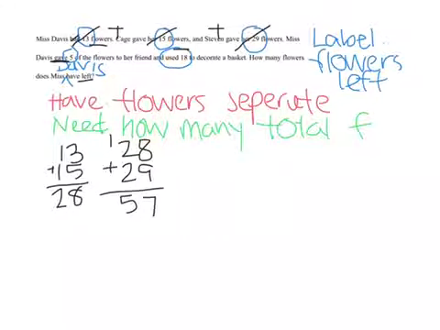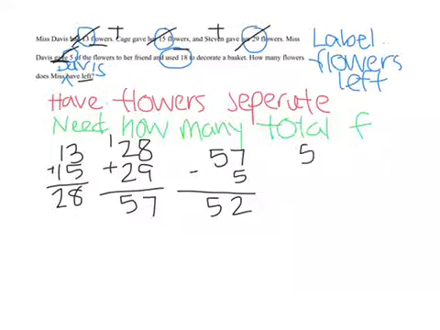Miss Davis gave 5 of the flowers to her friend. Gave away means we're going to subtract. 57, take away 5. 7 take away 5 is 2, and we still have the 5 left over. Okay, so we used the 5. All right, then Miss Davis used 18 flowers. So 52 flowers minus 18 flowers.